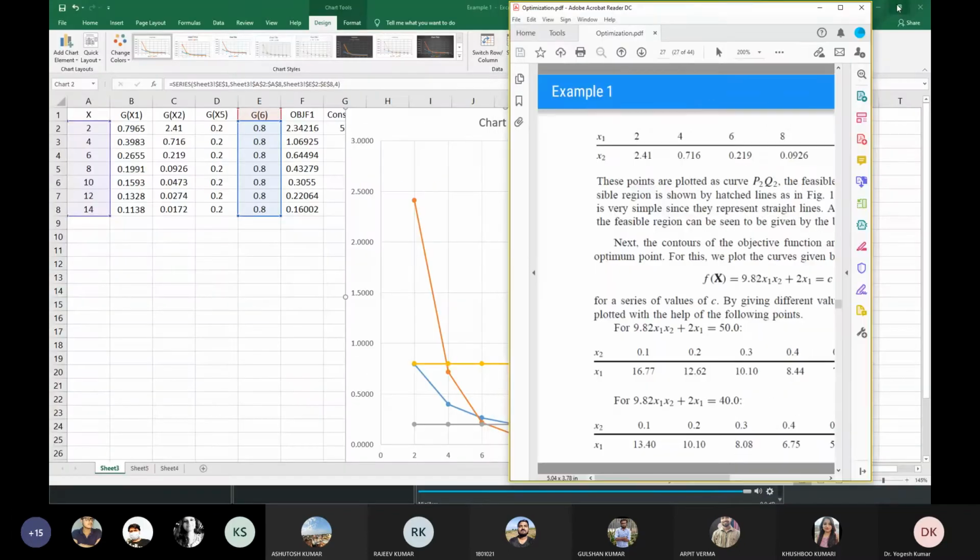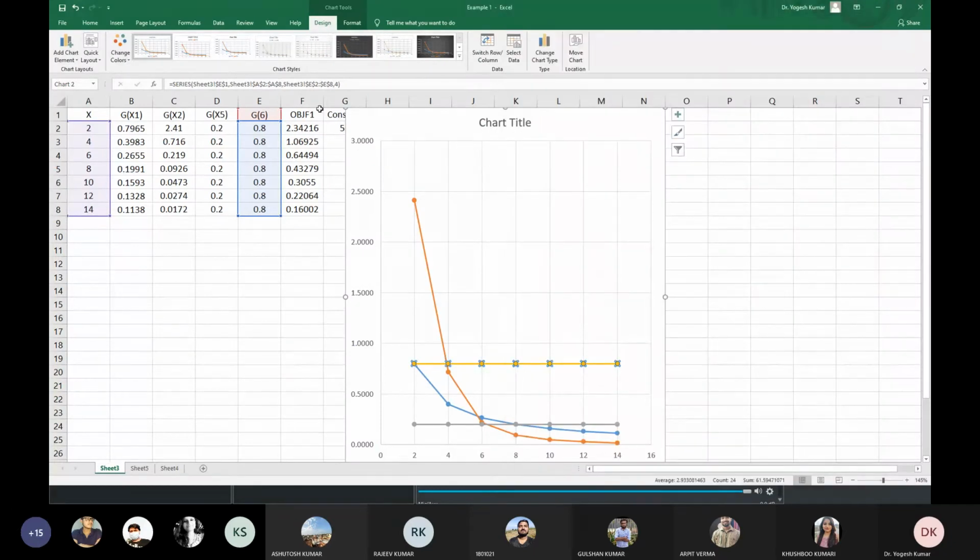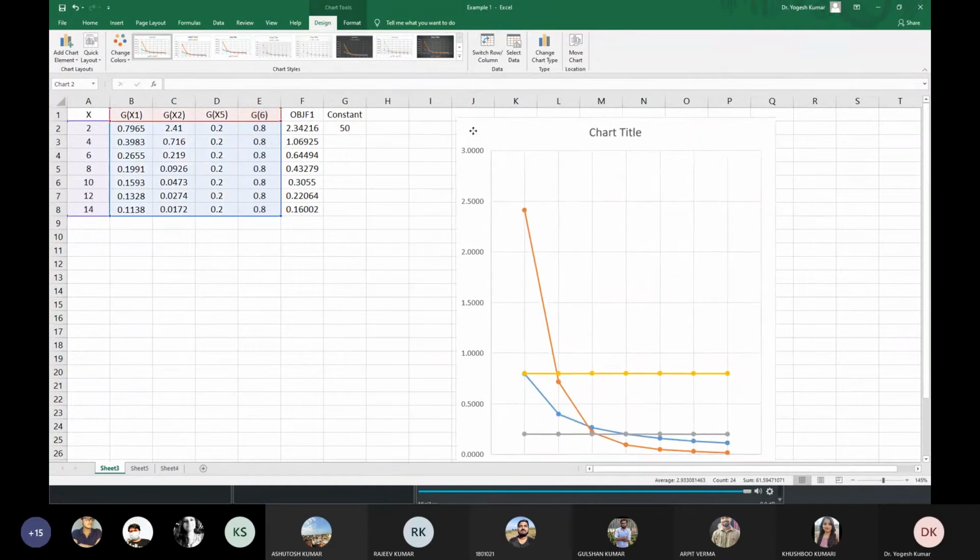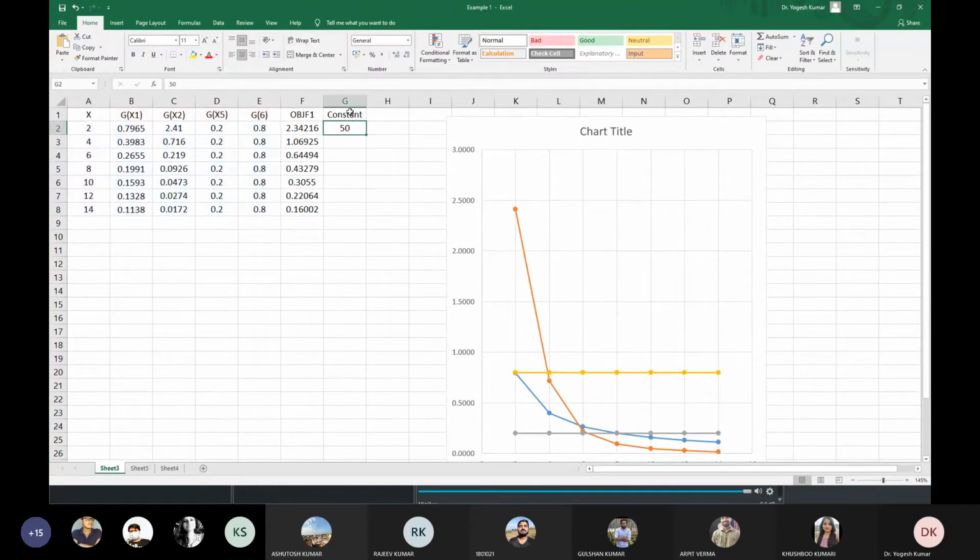Okay, so say f(x) equal to 50. I have also inserted formulae corresponding to your objective function. Okay, so here it is your constant value, that is the constant c, and I have tried to calculate corresponding values of x2 corresponding to x1 equal to 2, 4, 6, 8, 10, 12 and 14.